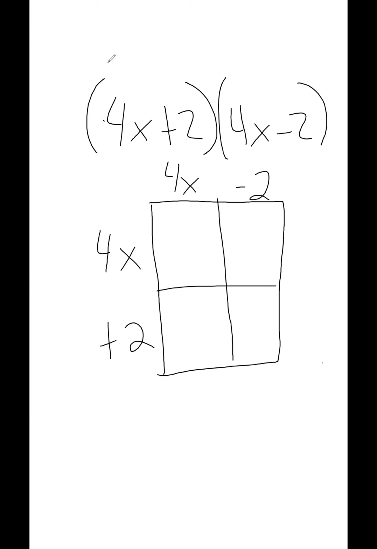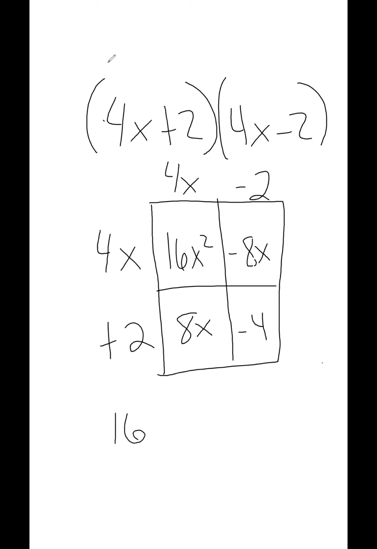So 4 times 4 is 16. I have x and x, that's x squared. 4 times negative 2 is negative 8x. 4 times 2 is 8x. Negative 2 times 2 is negative 4.